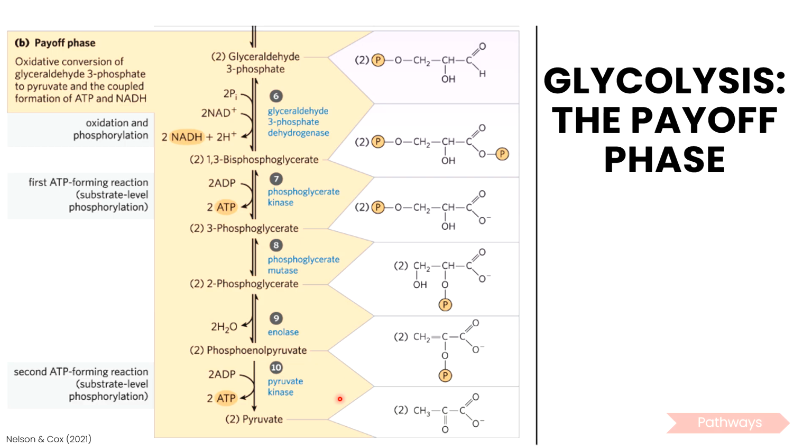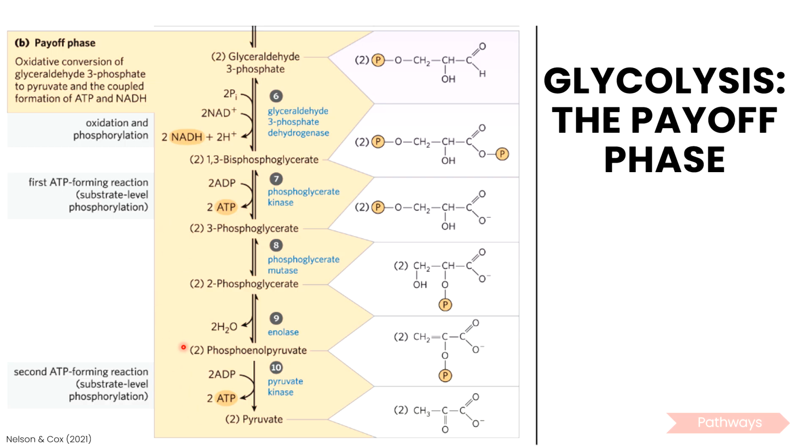Therefore, at step 10, pyruvate kinase transfers that phosphate to ADP, producing another ATP through substrate level phosphorylation, and leaving pyruvate as the final product. Because this reaction also occurs twice, another 2 ATP molecules are produced. So we have our 2 ATP molecules here in step 7, and again here in step 10.